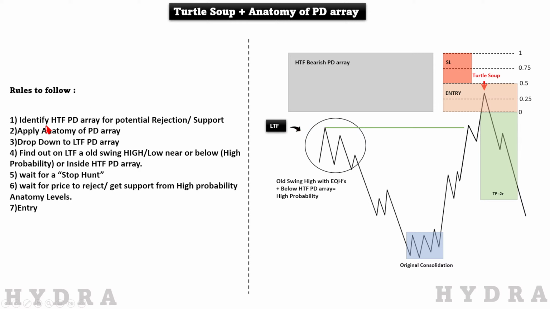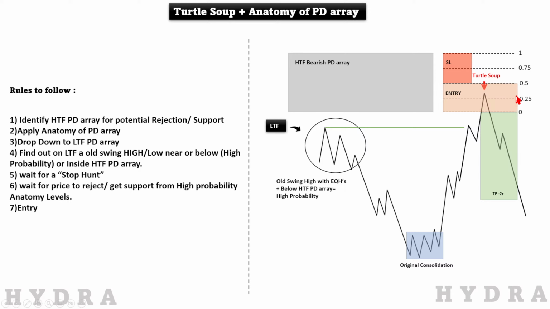The first rule is to identify a higher time frame PDA for potential rejection or support. It's very easy to identify a fair value gap on a higher time frame. Suppose you saw it, and now how do you trade it? Apply anatomy of PDA. This is the anatomy of PDA, and this is the measurement of the PDA that you apply on your chart.